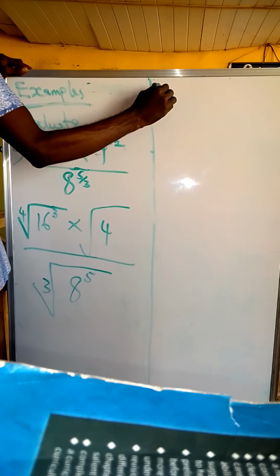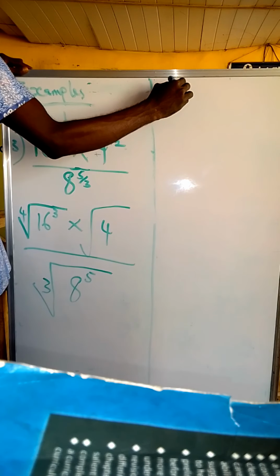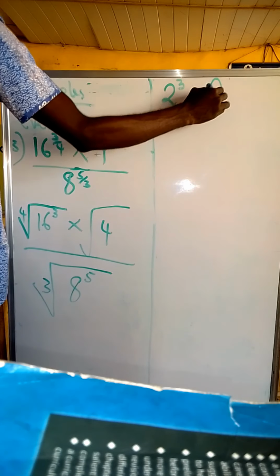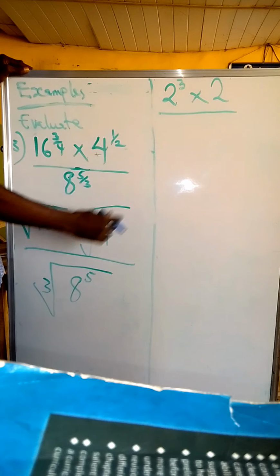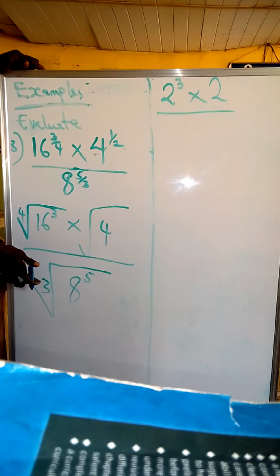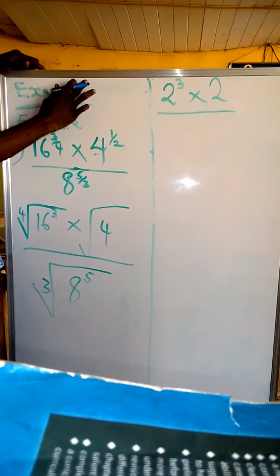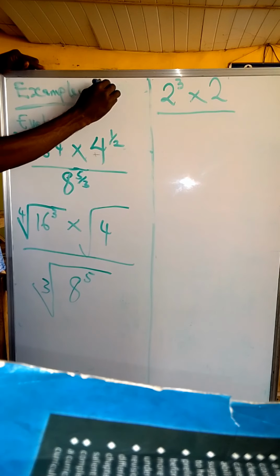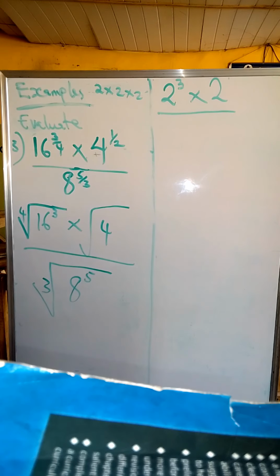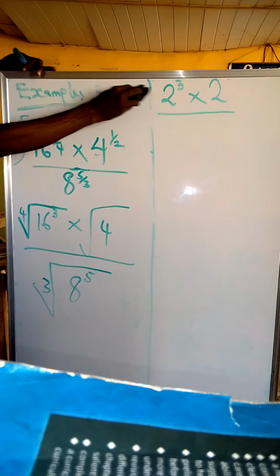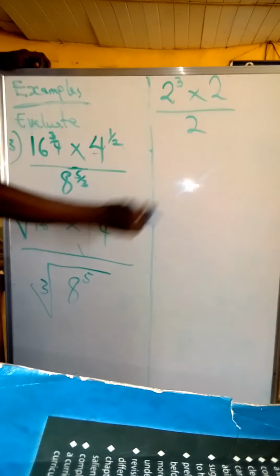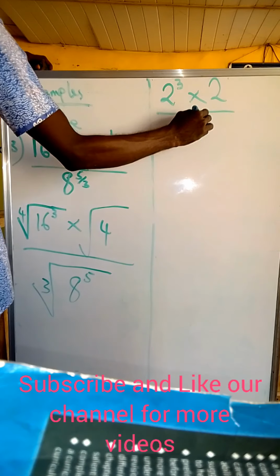Then we write here 2 raised to the power 3 multiplied by the square root of 4, which is also 2, divided by, now here also we look for a number that will multiply 3 times to give us 8, and that is also 2, because 2 multiplied by 2 multiplied by 2, that means 2 in 3 places, will also give us 8. So we write here 2 also. Then we put this 5 there, 2 raised to the power 5.